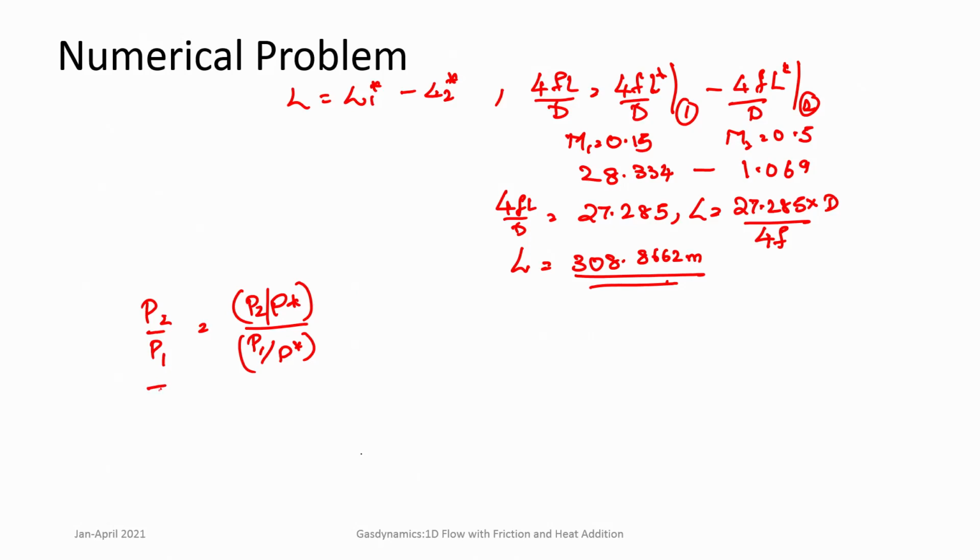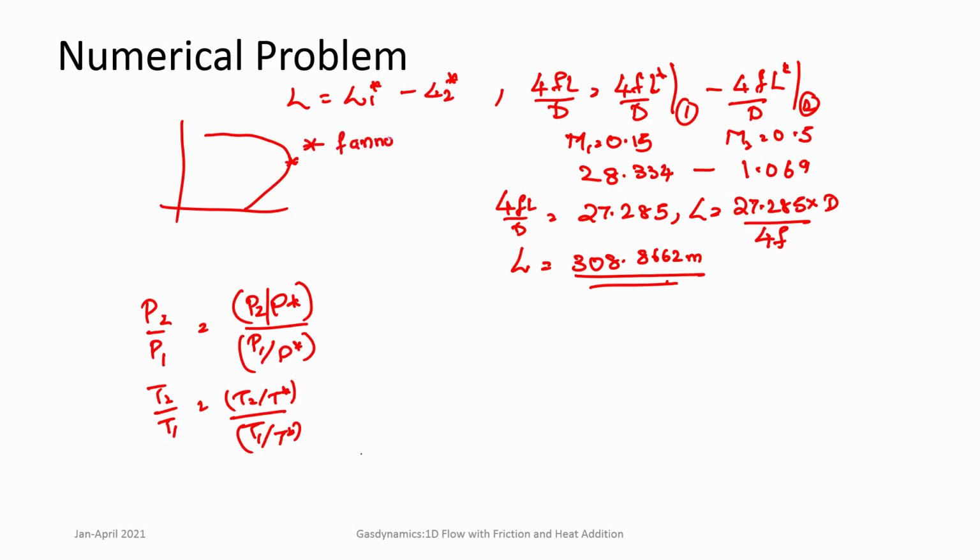Similarly T2 by T1 can be expressed as T2 by T star divided by T1 by T star, and please understand that these star values are for the Fanno curve, that is, this is the star value in a Fanno curve, and don't confuse this with star values in an isentropic flow. So they are different, but this is completely tabulated, so you can get these values.